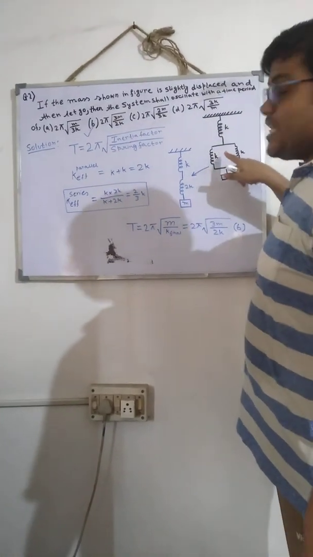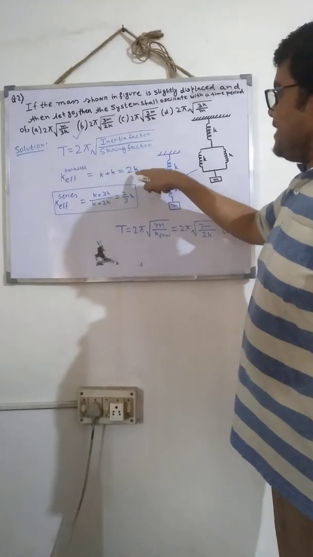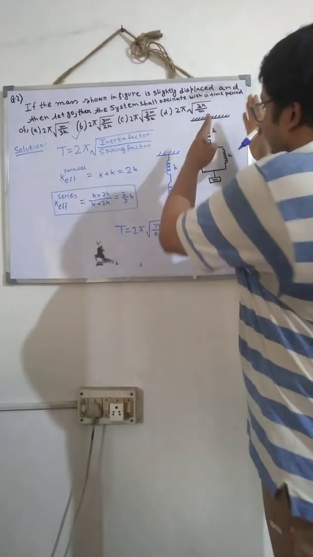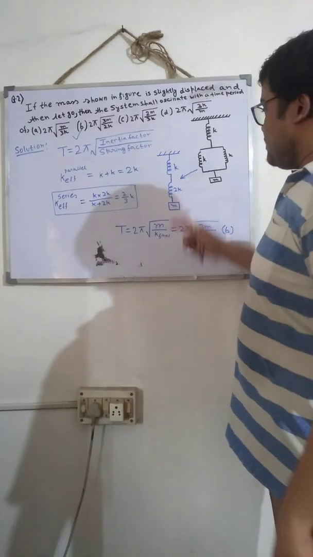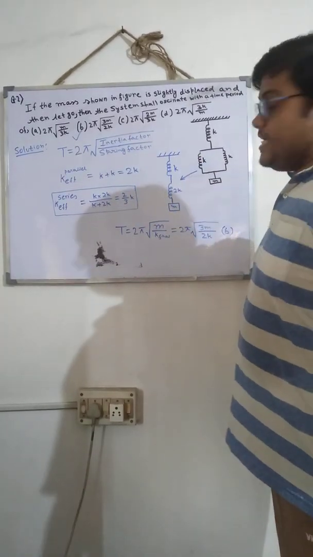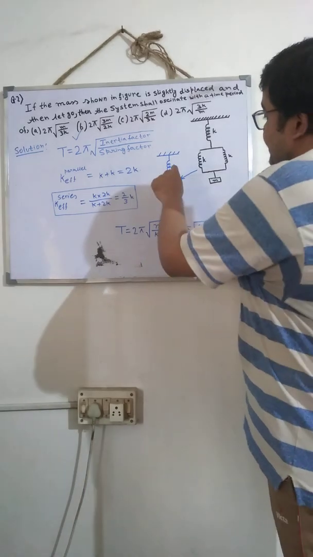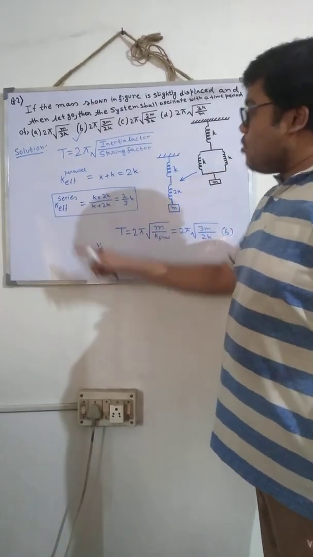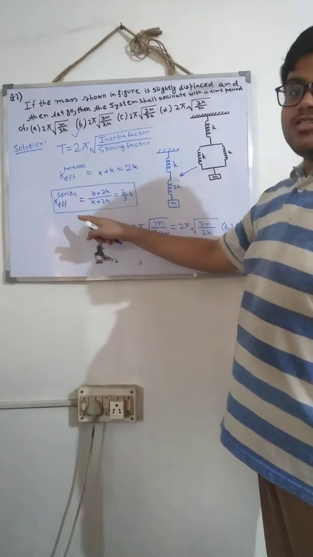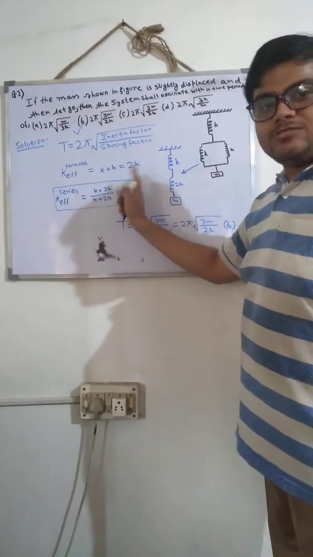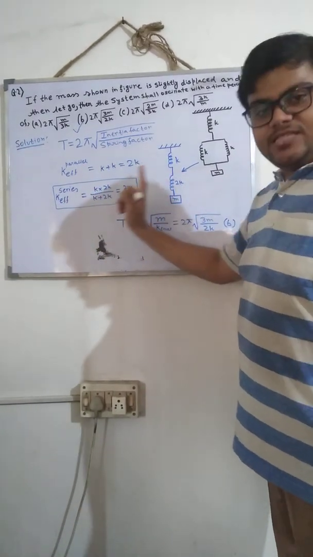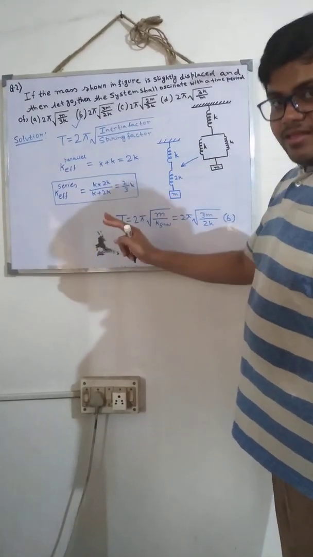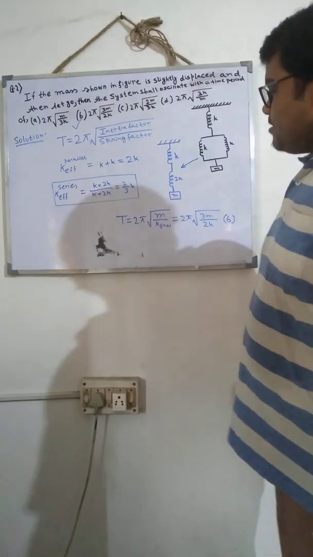So their effective spring constant is K plus K, that is 2K. Then we draw a simplified version of this configuration. Here we see that this spring and this spring are connected in series. So now the effective spring constant is K into 2K by K plus 2K, which is 2 by 3 K. And this is our final K, that is the final spring factor.